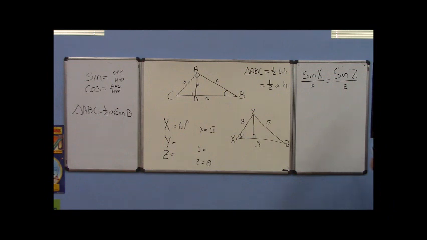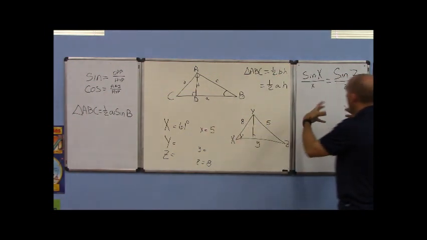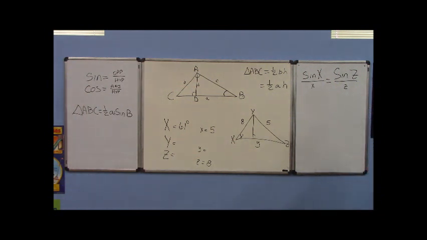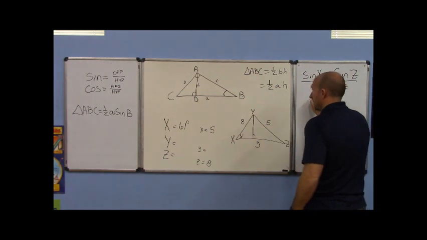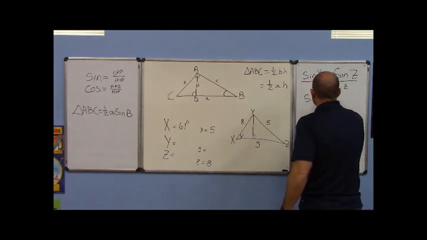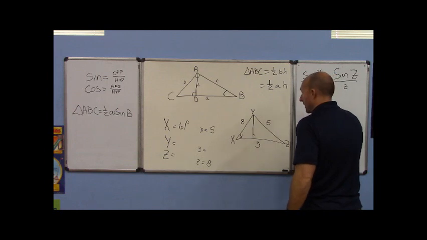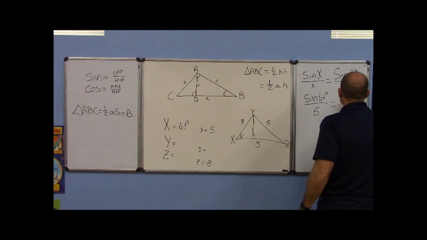All right. Basically we can plug in our three pieces and find out what the fourth unknown is. Because they're all relative to each other, we can take the sine of 61 degrees divided by 5 equals the sine of z over 8.